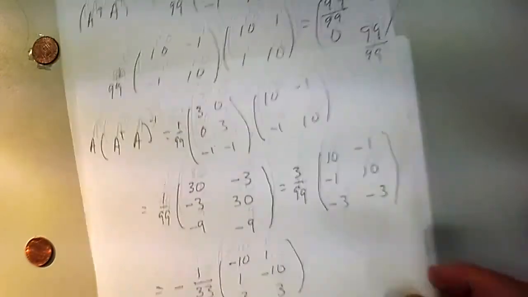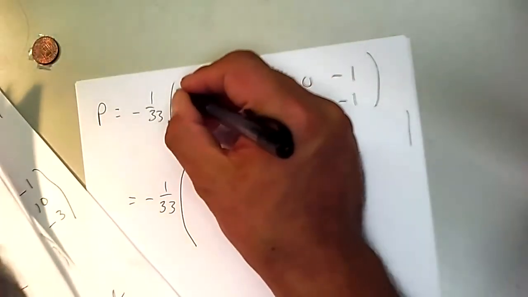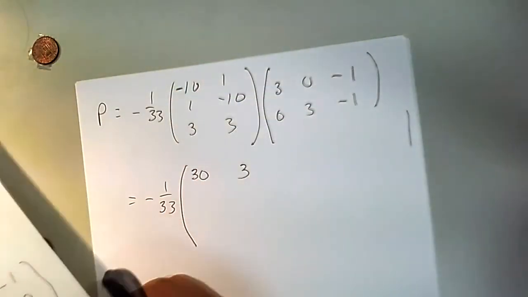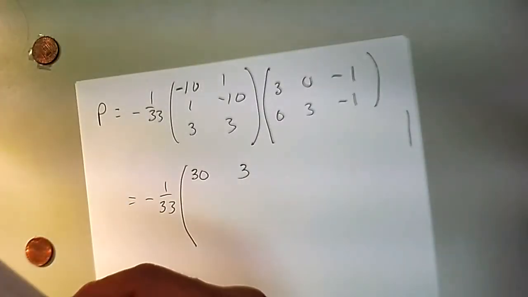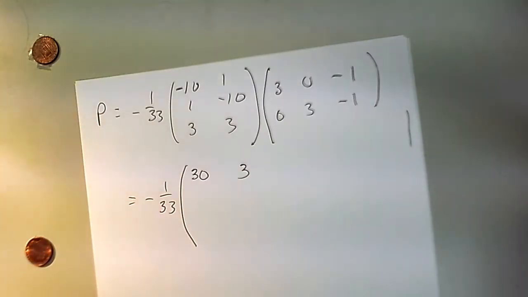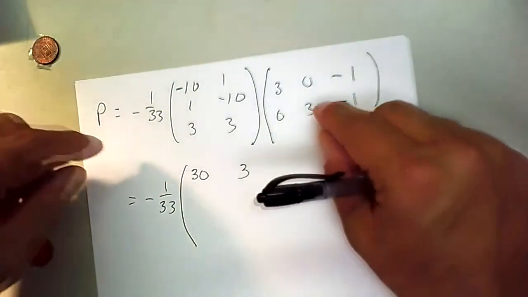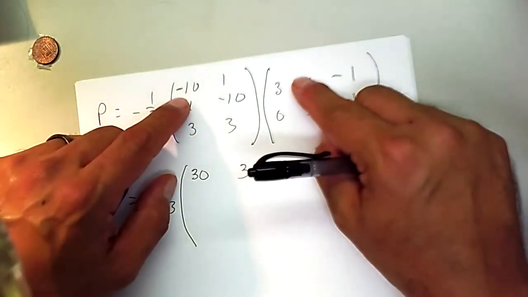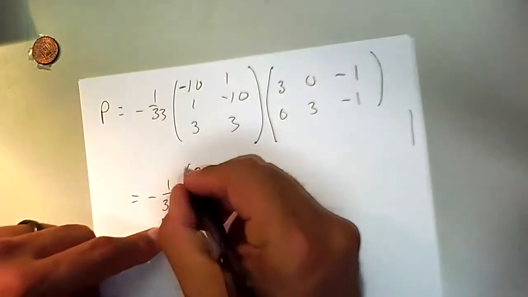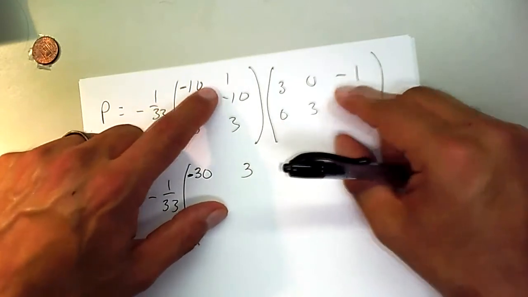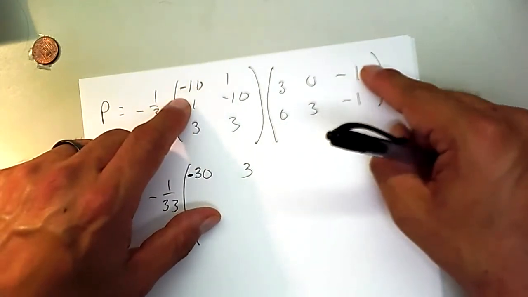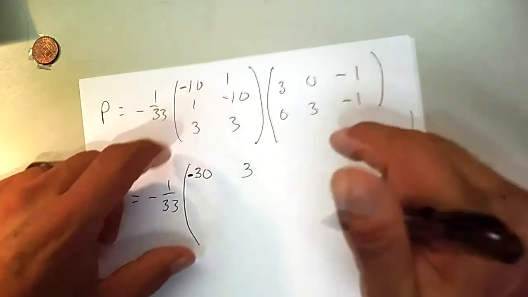Negative 10, negative 10. I remember two negative 10s. Good thing I'm catching that right now. Negative 10, 1, 1, negative 10, 3, 3, 3, 1. Yep. So I gotta fix this a little bit. Negative 30. Yeah, that should be negative 30. 3, 10 minus 1.